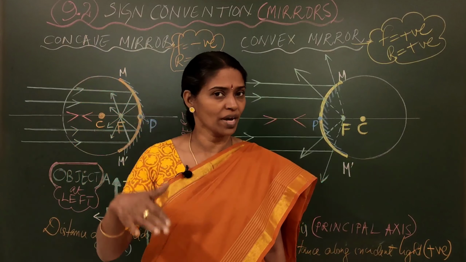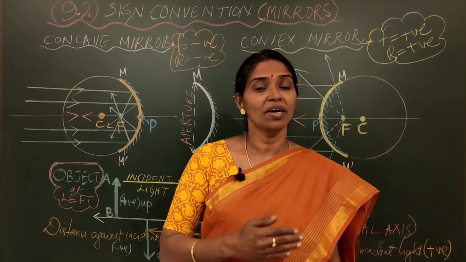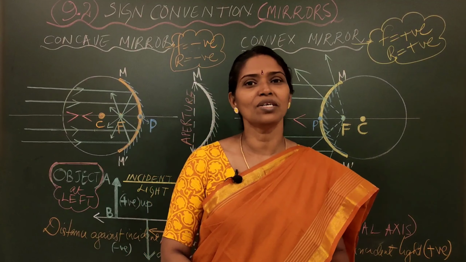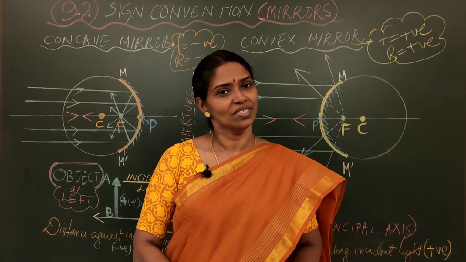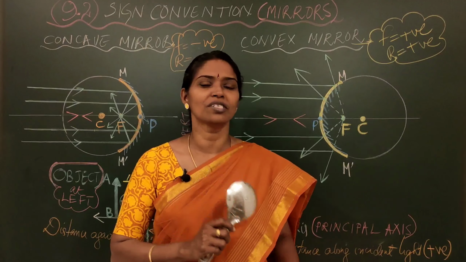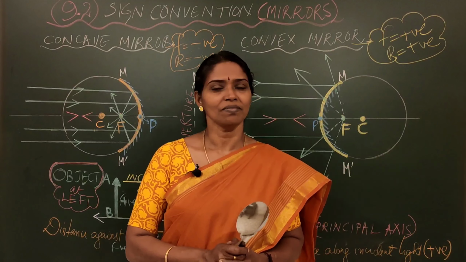Okay, now what about the other kind of mirror, known as spherical mirrors? An easy way to learn spherical mirrors is just to get a spoon from your home. If you want, you can pause the video, go to the kitchen and get a spoon like this.